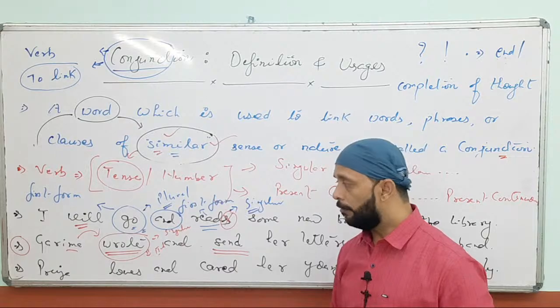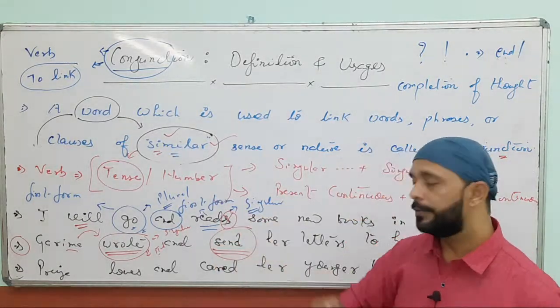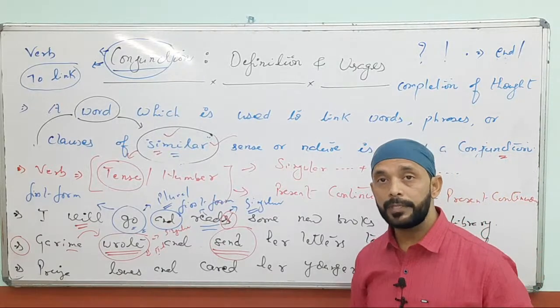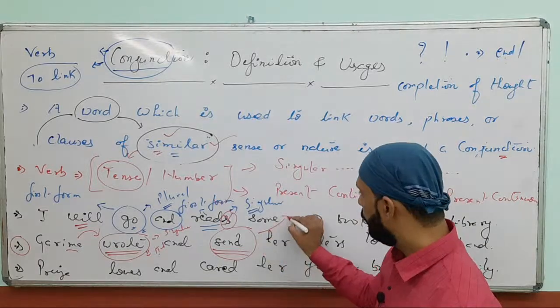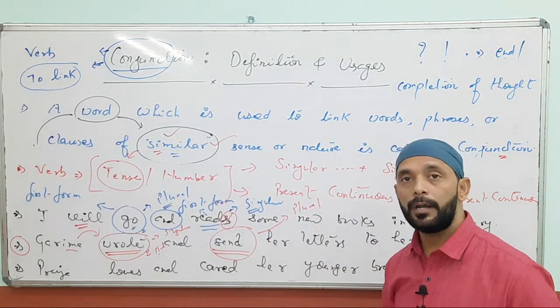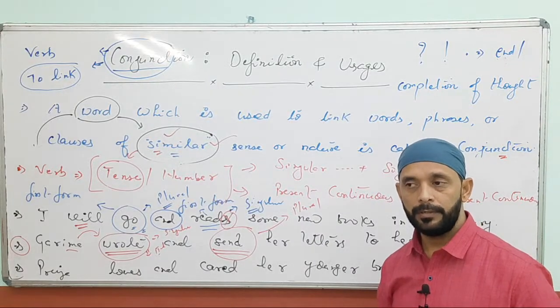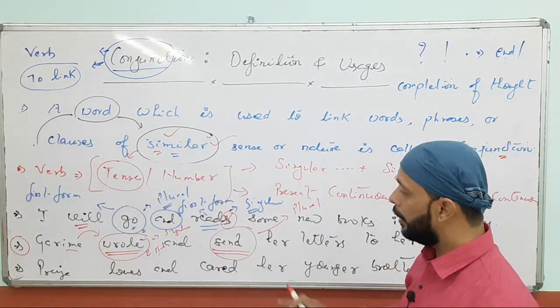Okay. Now we'll move to the next word. Next word is send. Now what is the number of send? It is plural. Because you know the verb in basic form is always plural. Remember, verbs in basic form are always plural.